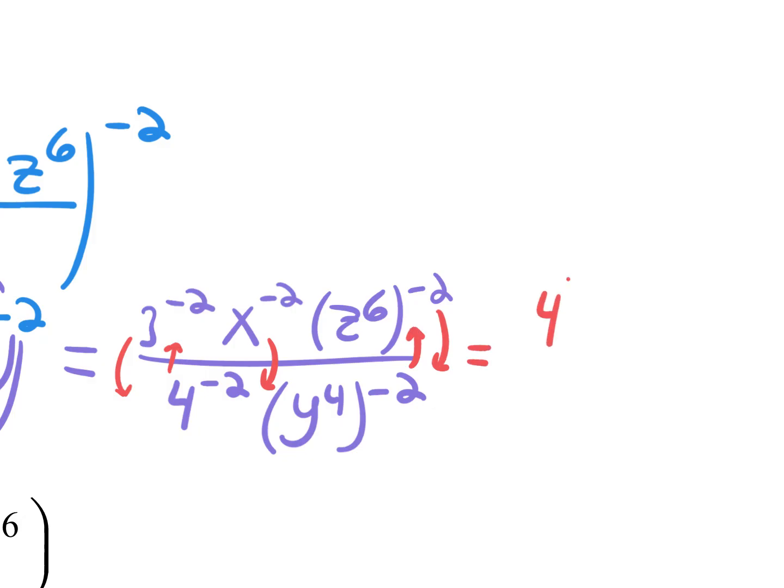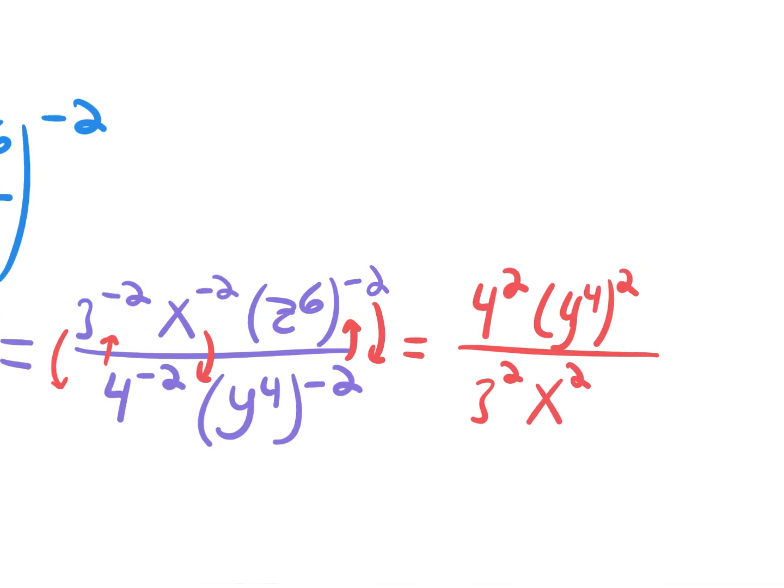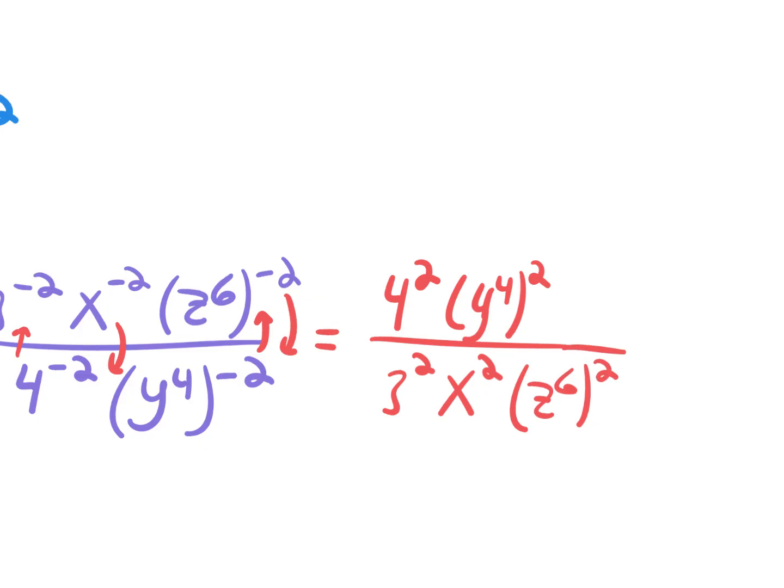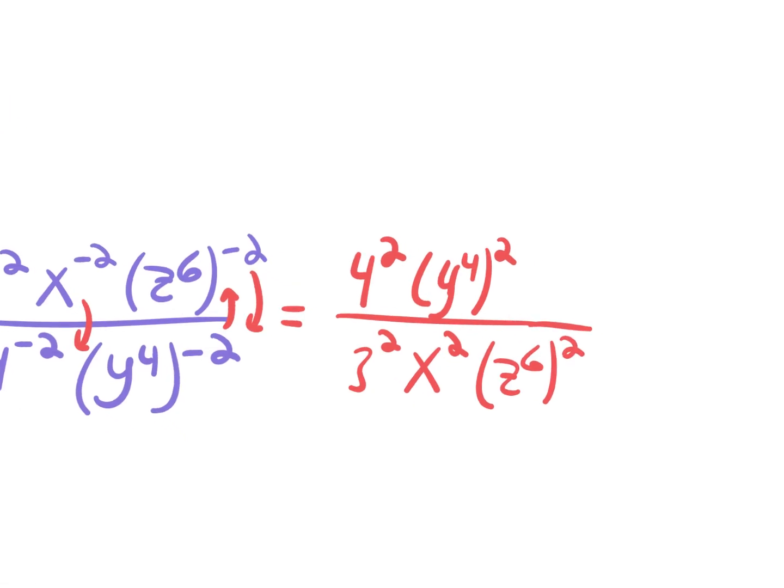So then we end up with 4 to the positive 2, y to the 4th to the positive 2, over the 3 to the negative 2, which is going to move to the bottom and be 3 to the positive 2. We get x to the positive 2, and then z to the 6 to the positive 2. So doing that just made all of our negative exponents positive.